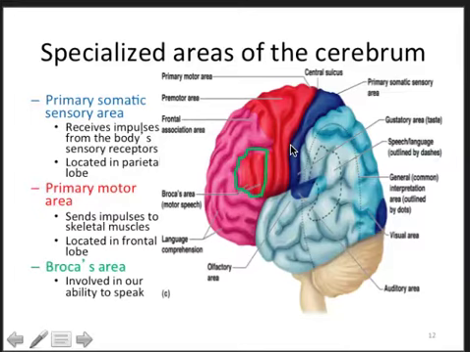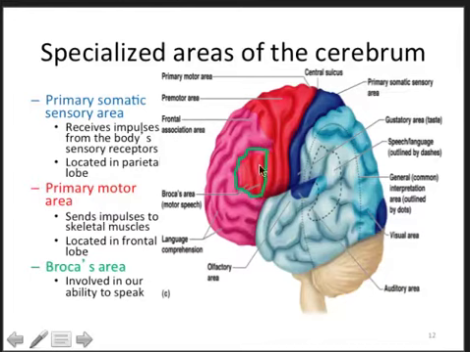Broca's area is involved in our ability to speak, and you can see Broca's area here deep in the frontal lobe. It's basically motor commands that are directed to the lungs, the muscles that move the vocal cords, the lips and the tongue, all involved in the production of speech.